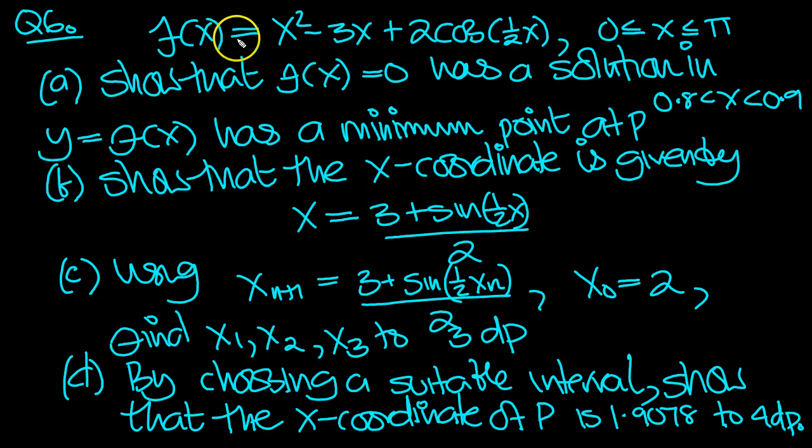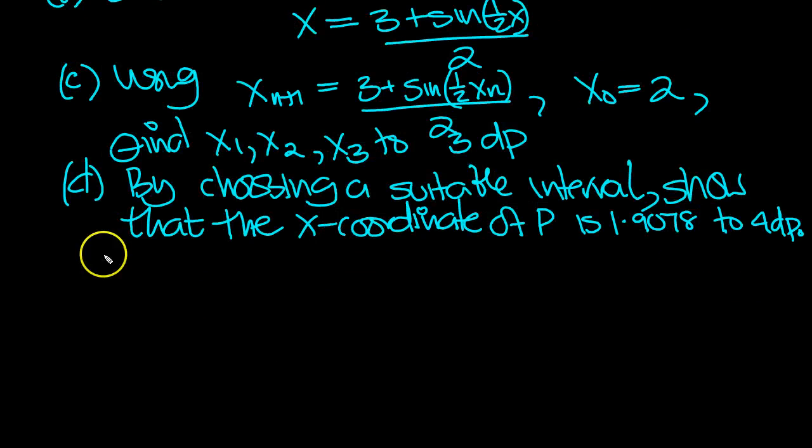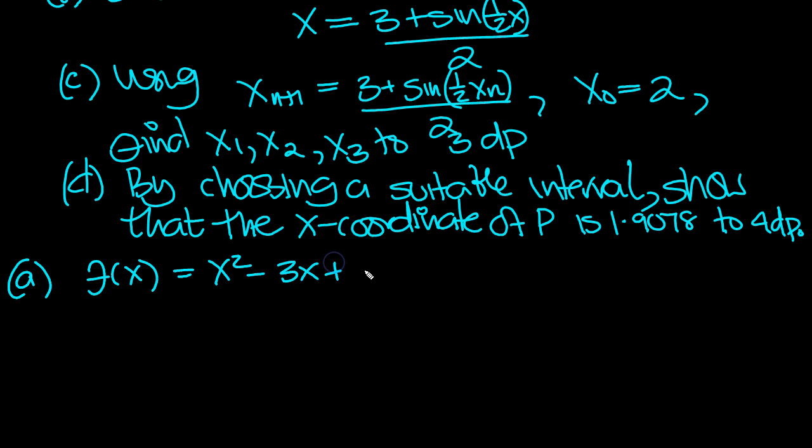So we've got this equation, f(x) equals 0 in the range between 0.8 and 0.9. So that's the first thing to do. f(x) is equal to x squared minus 3x plus 2 cosine of a half x.